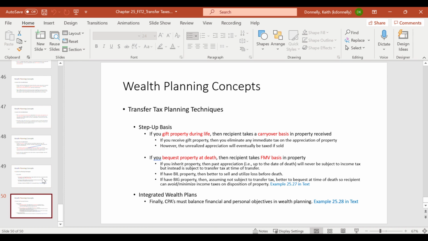If you gift it, the general rule is going to be a carryover basis. So grandfather owns a car. His basis in it is 10 grand. It's worth 25 grand. If he gives it during his life to grandson, grandson will take a carryover basis. So 10 grand. Whatever grandfather's basis in it was is now grandson's basis. If it's a gift, it carries over from one to the other.